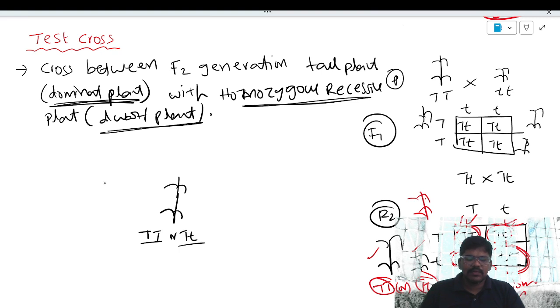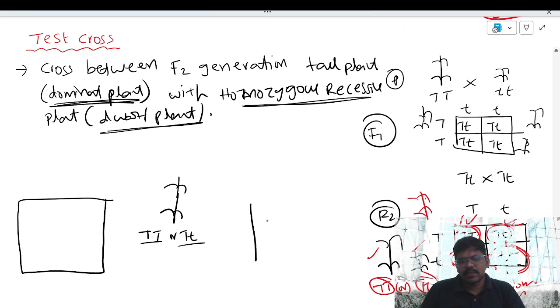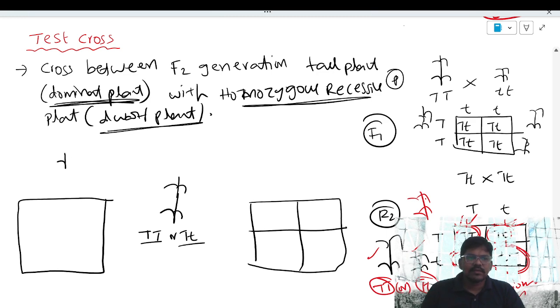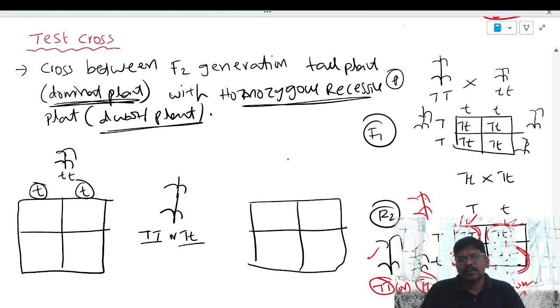In case we cross this tall plant with the homozygous recessive plant, what is the result? The dwarf plant contains genotype small t small t. Hence, all the gametes formed from the dwarf plant contain small t only.